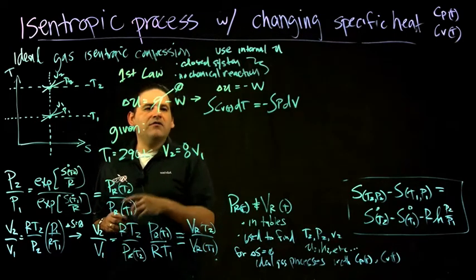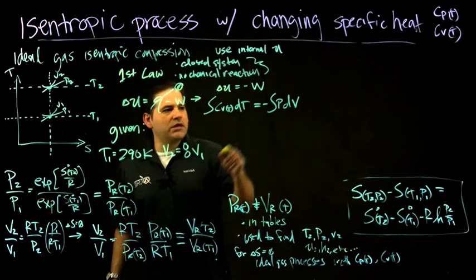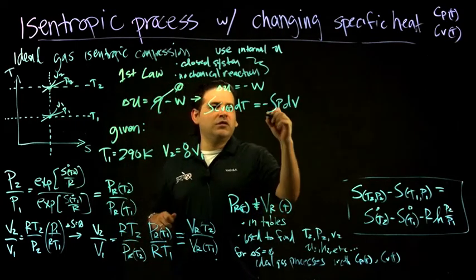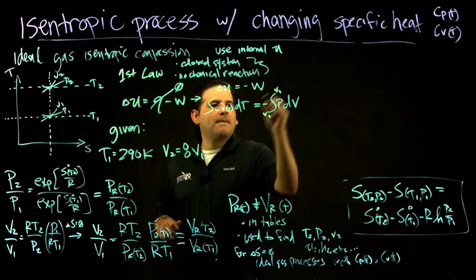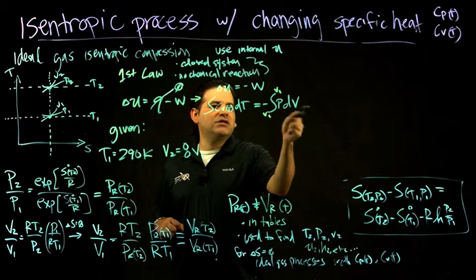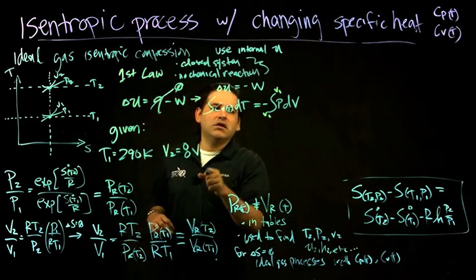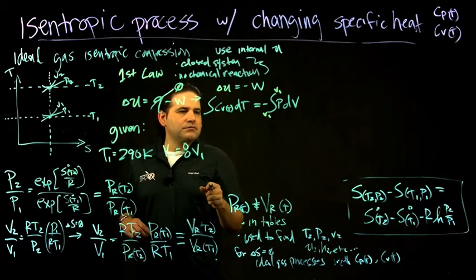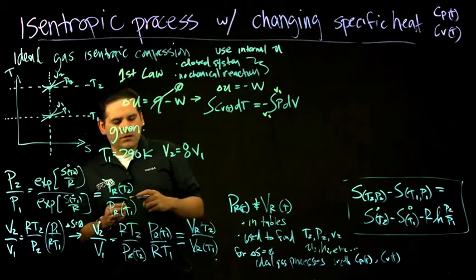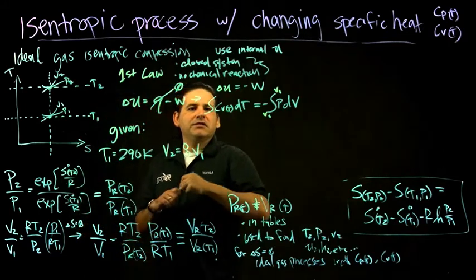You're going to go to a higher volume. So this is the only thing you know. If we were to do this integral, we know it's going from V1 to V2, but we don't know what the pressure relationship is between there. We can use the ideal gas equation, but we only know T1. We don't know the temperature at the end, and for this integral of Cv dT, we don't know the final temperature.